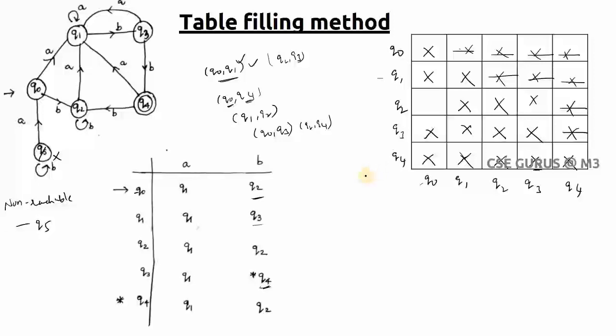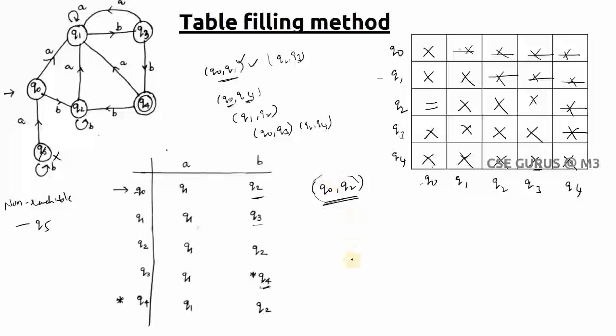Now check out which cell is unmarked. So only this cell is unmarked, you just put it as equals to and tell me what is that cell, that's a pair, Q2 Q0. Now I can say that whatever the resultant I am getting, those two states are equivalent. So that's why I can make these two as one state.